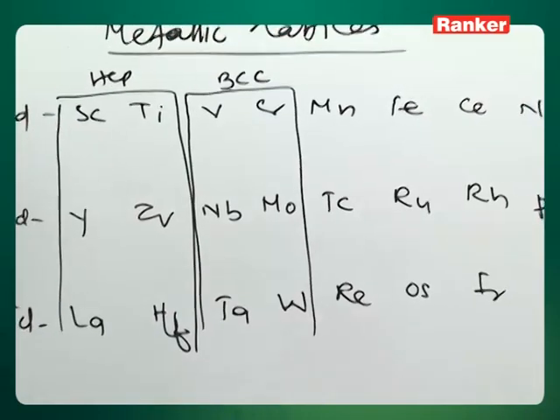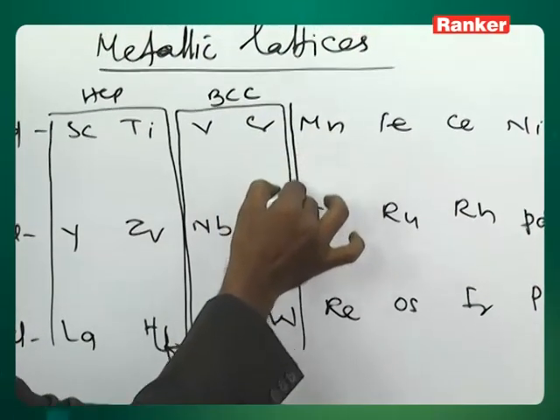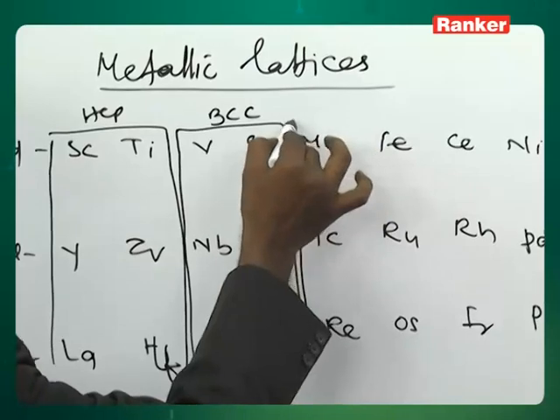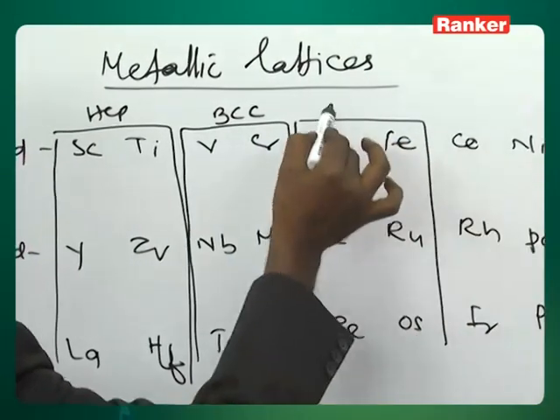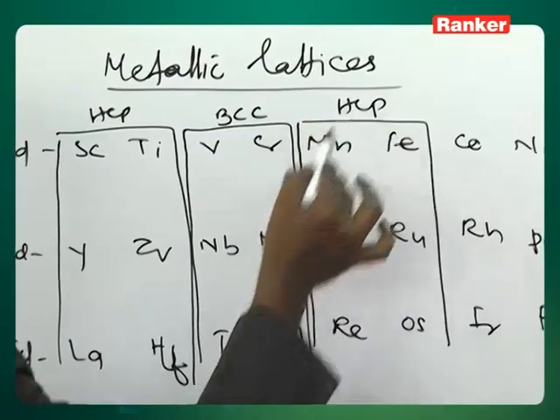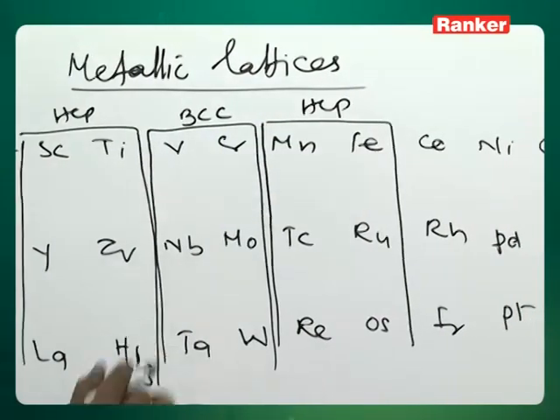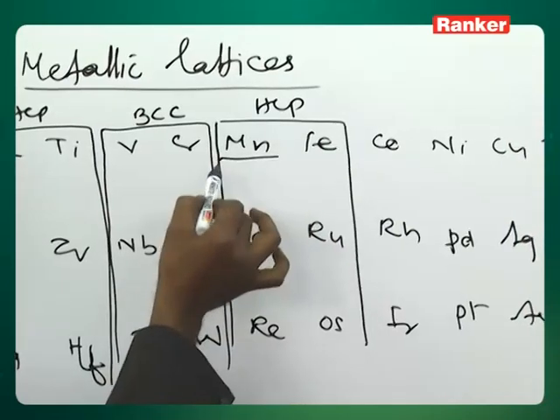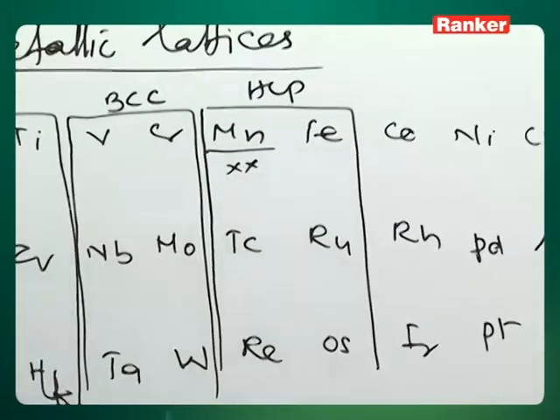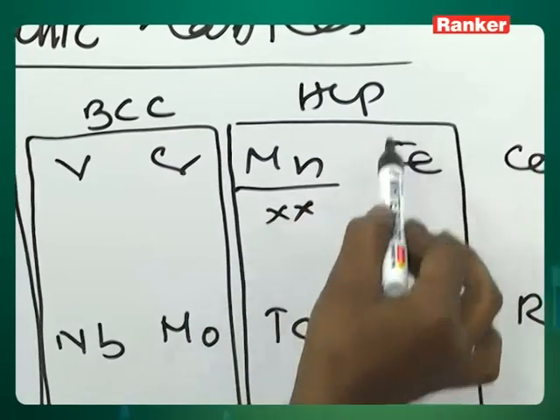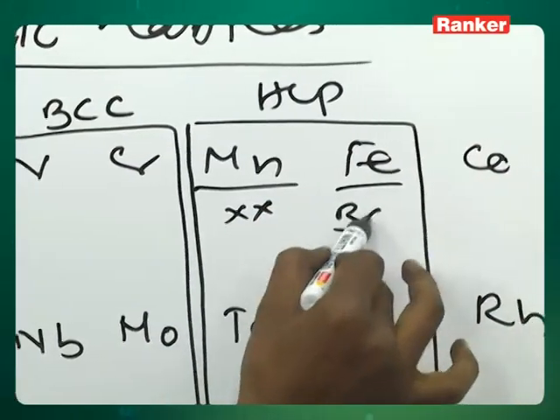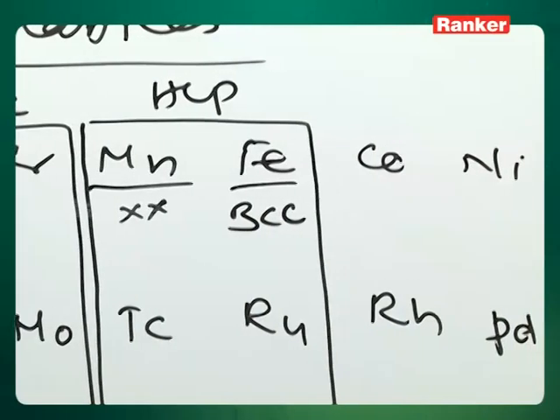The third two vertical columns again have HCP. But remember that the metallic lattice of manganese is not clearly known. Next, iron is not HCP; as an exception it has a BCC metallic lattice.